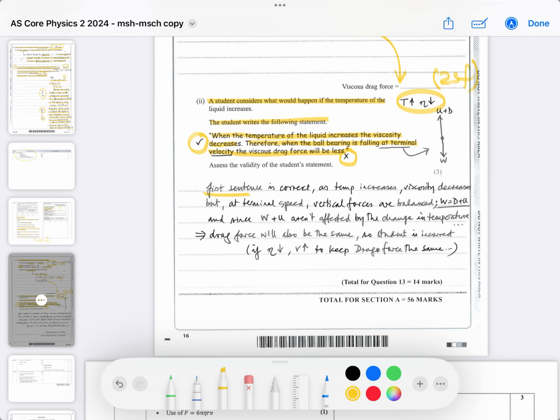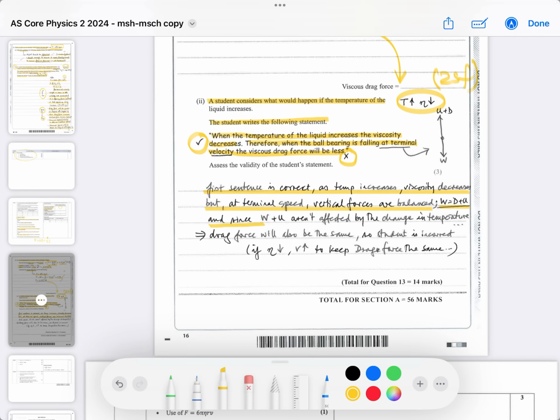Okay, the first sentence is correct. As temperature increases, viscosity decreases. But at terminal speed, vertical forces are still balanced. Otherwise they won't be at terminal speed. And weight equals drag plus upthrust.